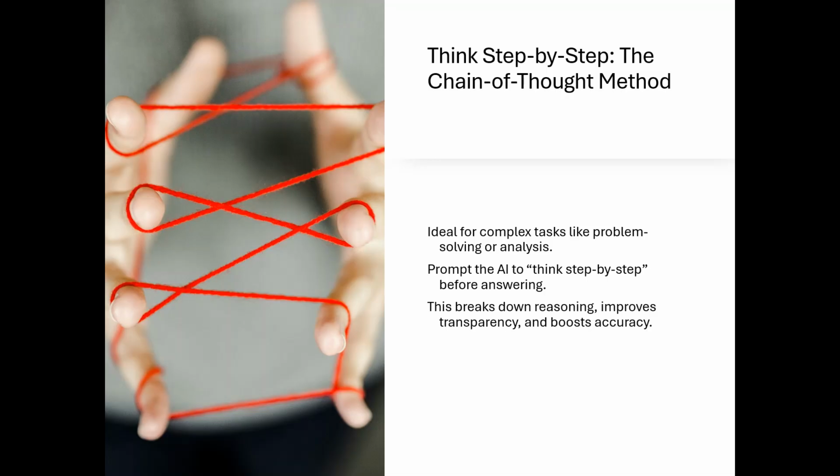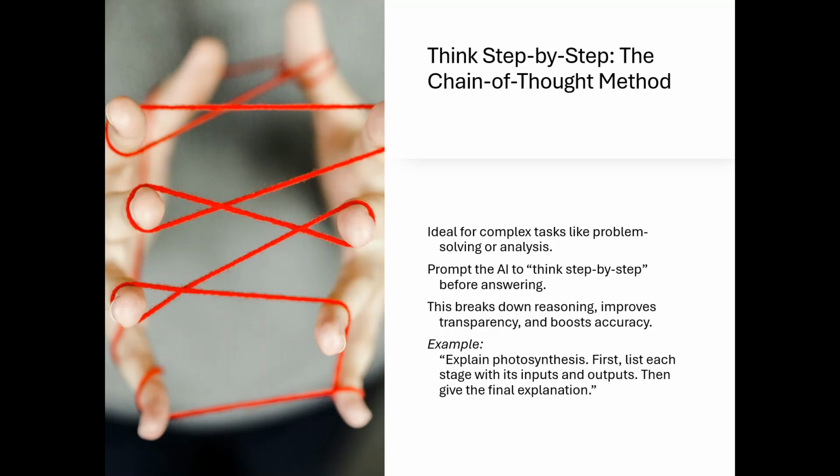This breaks down its reasoning, it improves the transparency of what the AI has done, and it can help boost the accuracy of what it gives you. So, for example, if you're interested in photosynthesis, you might say, explain photosynthesis. First, list each stage with its inputs and outputs, then give me the final explanation.